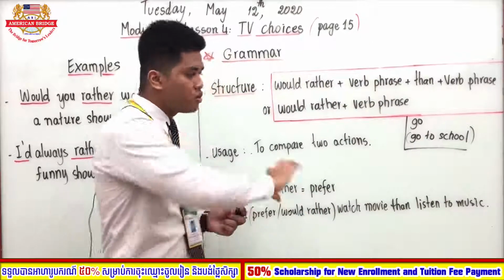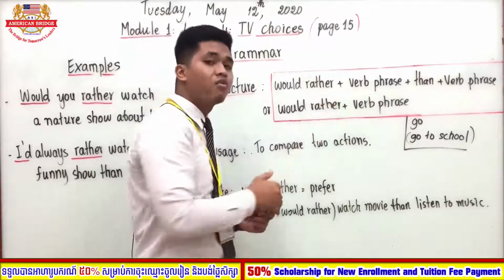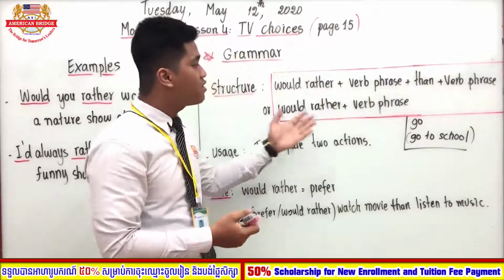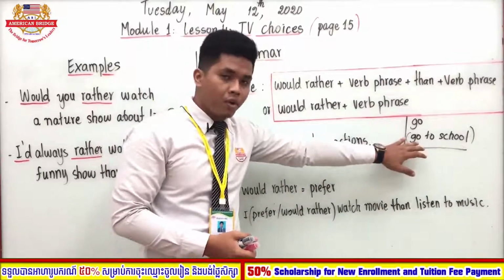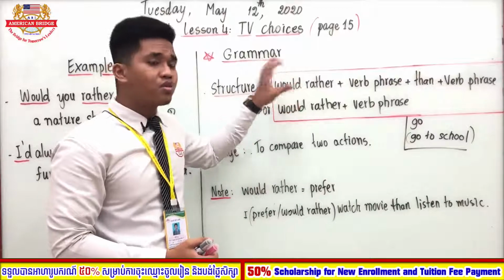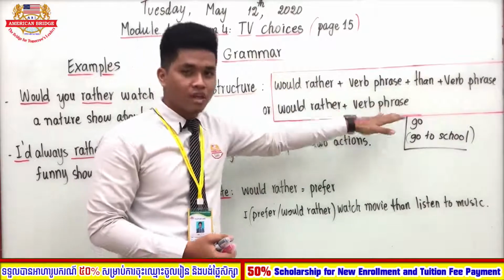Okay, so we are not going to cover those. Just make sure you know what a verb phrase is. Here, verb phrases are phrases that start with a verb. So this is the simple structure, or you can use only would rather plus the verb phrase.